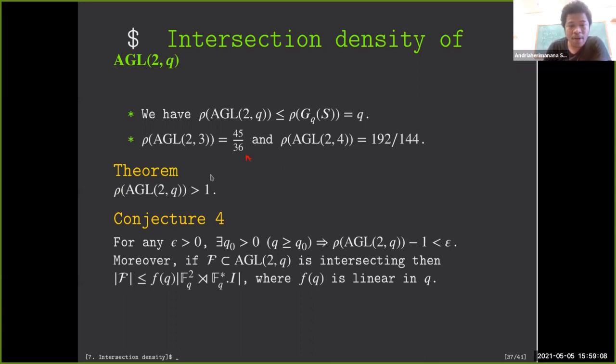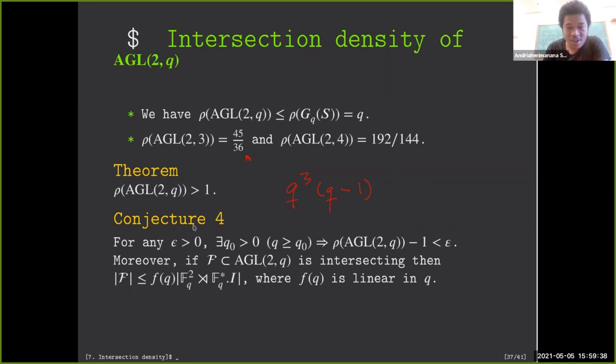And we were able to prove that AGL_2(q) acting on the lines doesn't have the EKR property. We were able, in fact, to prove that there is an intersecting family of this size, but the upper bound that we have is just so terrible. I think it's not even worth mentioning here.